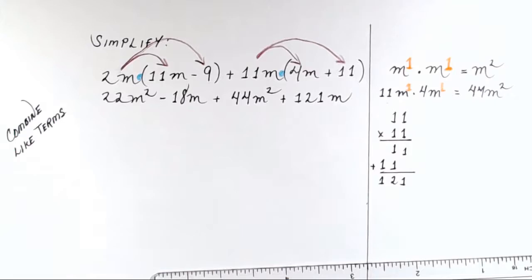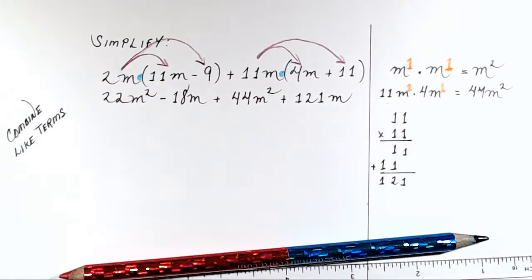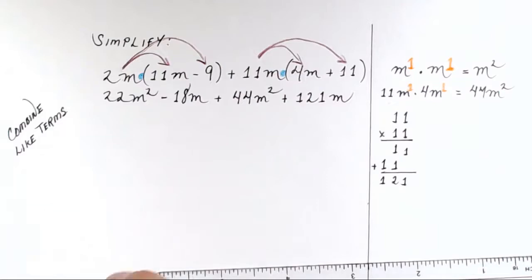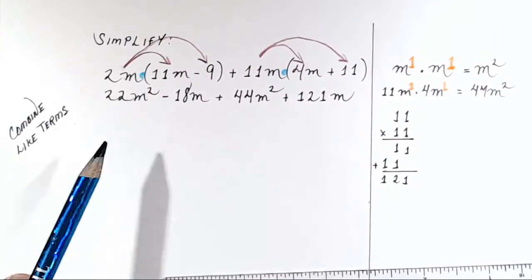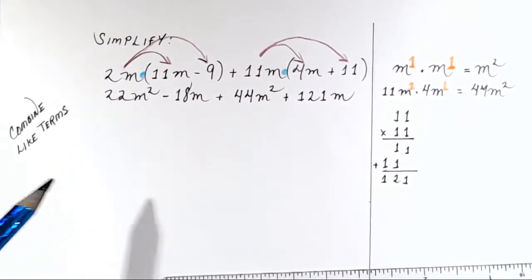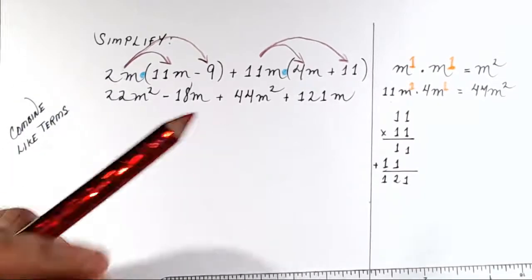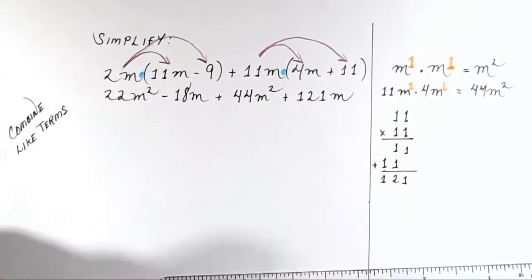It's a mind bender, but we're going to combine terms that are alike. Well, what does that mean? What does it mean they're alike? Well, I've got here a two-sided pencil, and I'm going to circle the terms that are alike with the blue pencil, and then I'll circle the other terms that are alike with the red pencil.